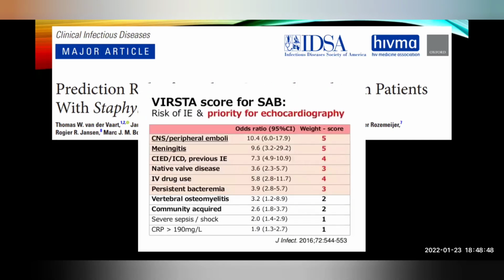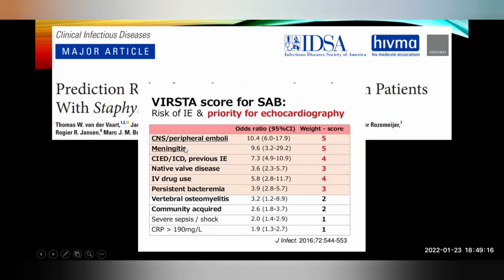The first score is your VIRSTA score for SAB. Basically, this scoring system will help you in predicting whether the patient should undergo echocardiography based on the risk of infective endocarditis. So, any patient having a VIRSTA score of greater than or equal to 3 should undergo TEE if the patient is having all the features.